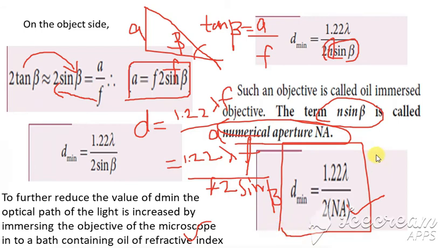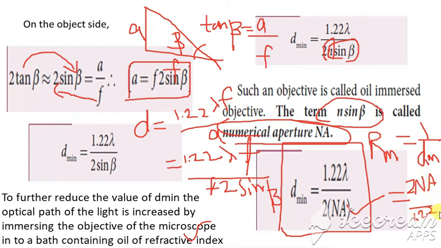Next, if you have to find the resolving power, which is also given by Rm, it is equal to 1 by d minimum. So we are taking the reverse of this. We get 2 NA divided by 1.22 lambda. This is the equation we got for the microscope.